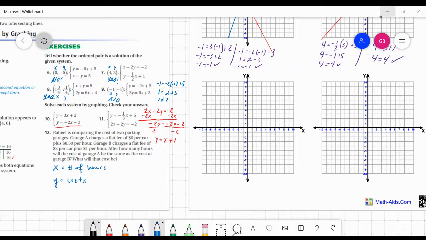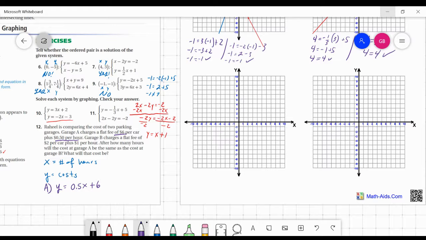So for garage A, y equals 50 cents per hour, so 0.5x plus the $6 fee, so plus 6. And then for garage B, it's $1 per hour, so y equals 1x or just x, and then the flat fee of $2, so plus 2.